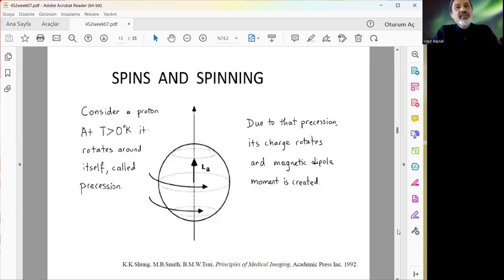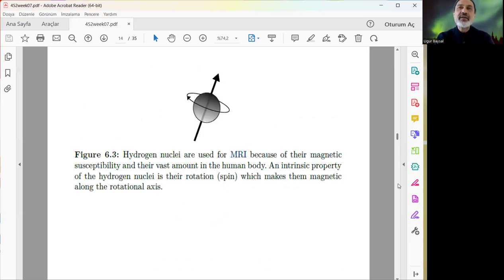The others cannot create that spin, cannot reflect magnetic spin energy. For medical imaging, only hydrogen or proton is valuable for anatomical imaging purposes. Okay? So, the source of magnetic parameter energy is the spinning proton.